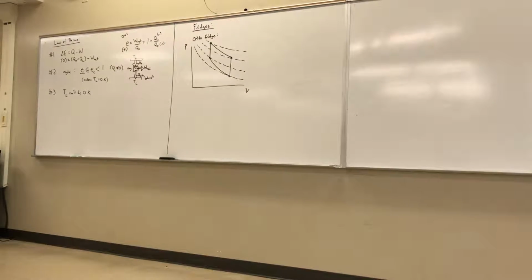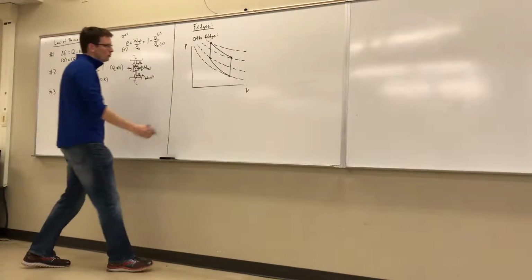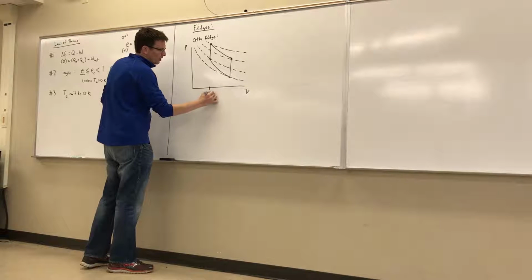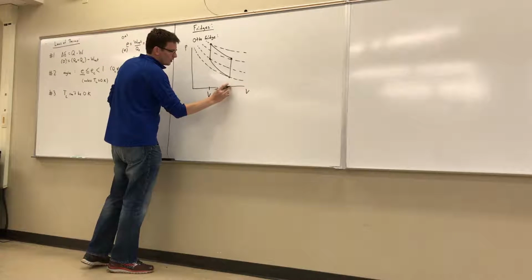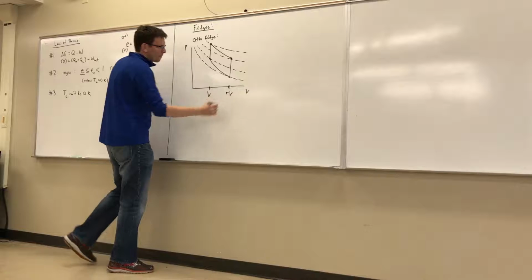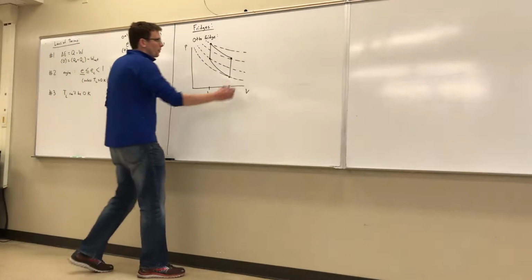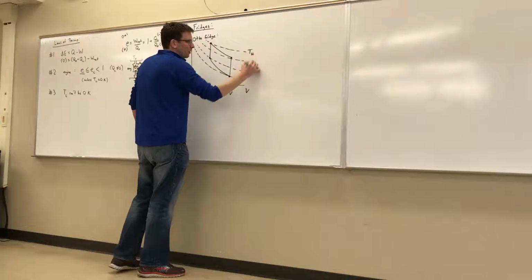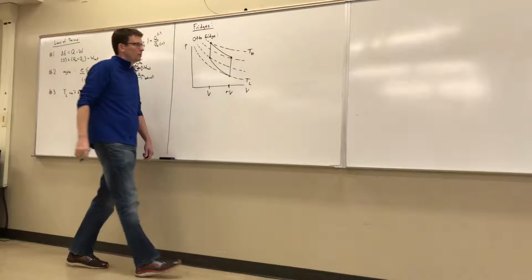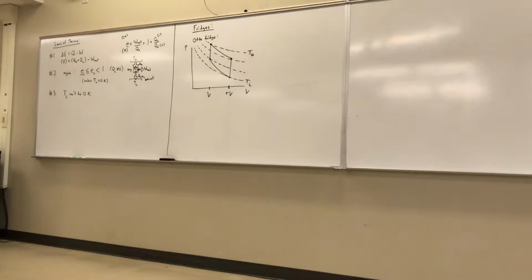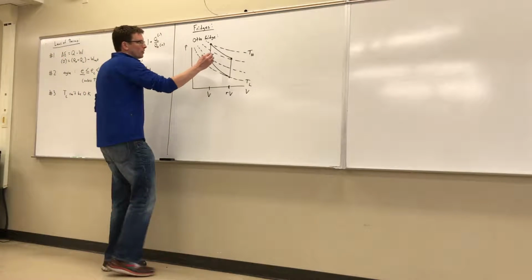It's ping-ponging back and forth between 2 different volumes, which I can call V and RV. But there are 4 distinct temperatures. There's my T high, which is my highest temperature, and my T low, which is my lowest temperature. Now, when I add my arrowheads, I'm going to draw them so that the cycle is proceeding counterclockwise. So it looks like this.